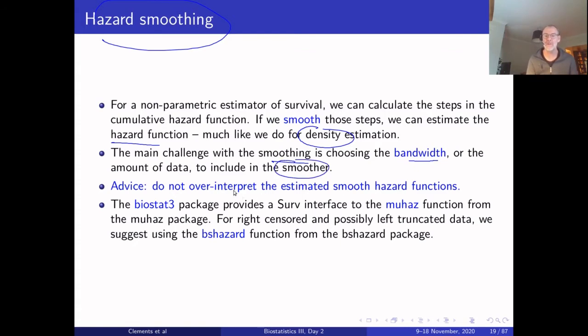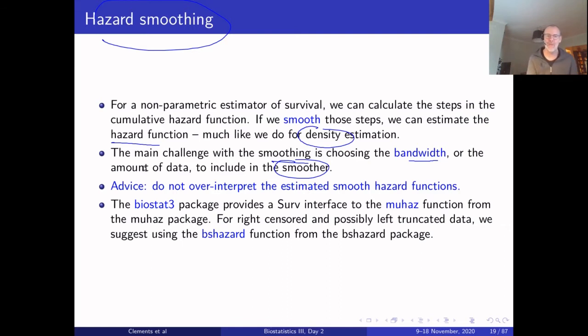Because of this choice, my advice to you is do not overinterpret the estimated smooth hazard functions. They give you a nice idea of the broad shape, but don't over interpret the shape.